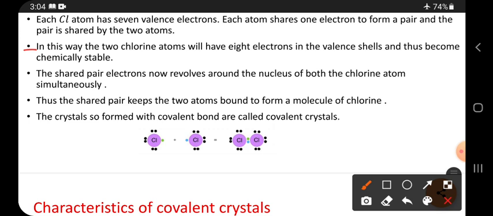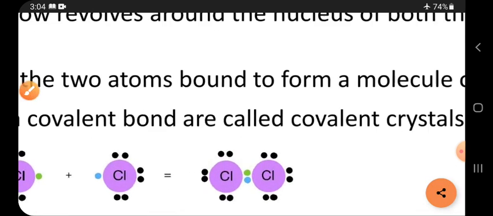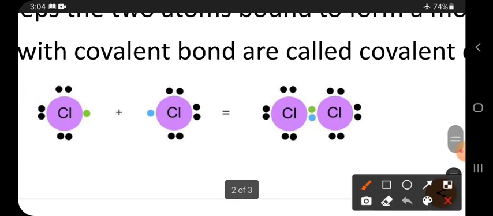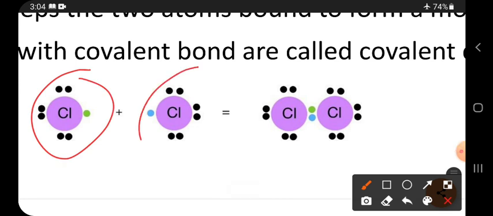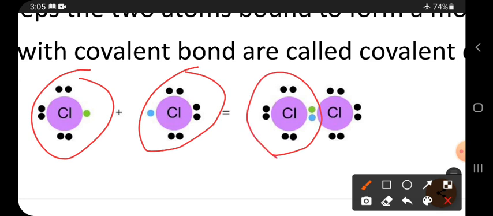How does the chlorine atom have 8 electrons? See here, this one has 7 electrons and this one has 7 electrons. When these two are nearer to each other and they share the electron, around it there are 8 electrons: 2, 4, 6, 8.